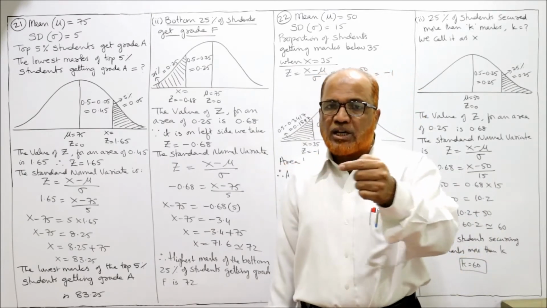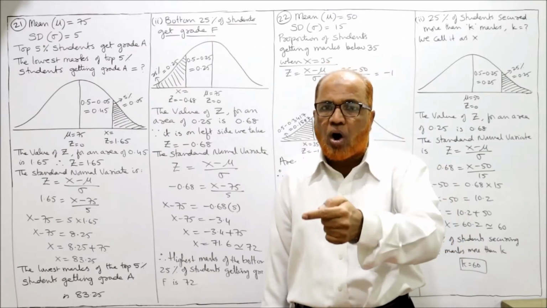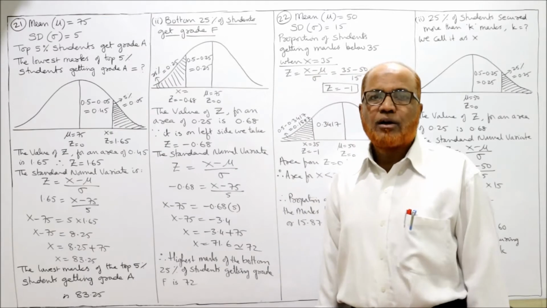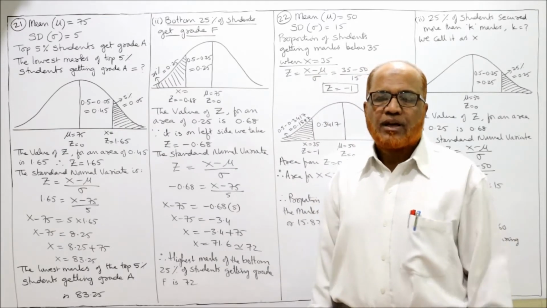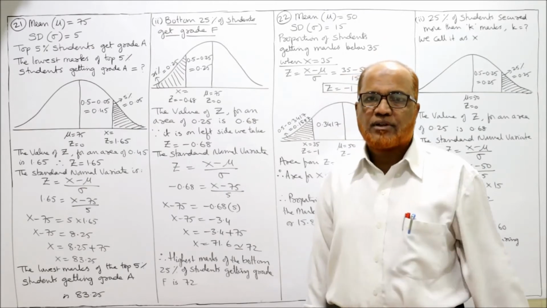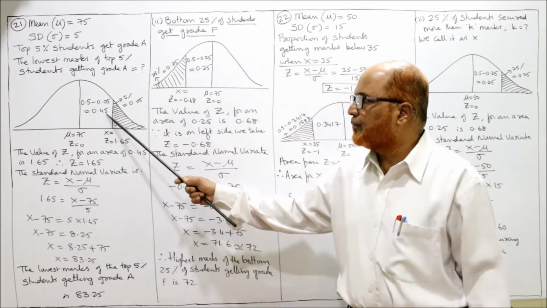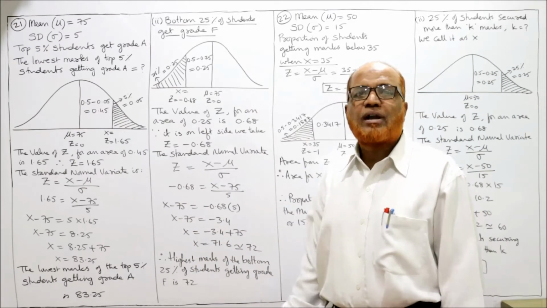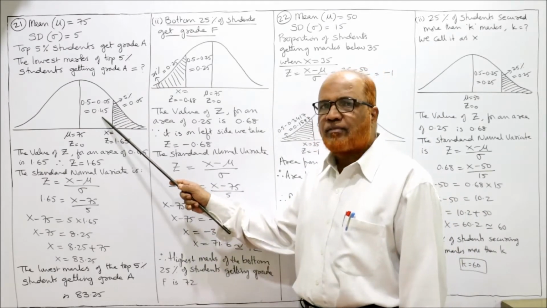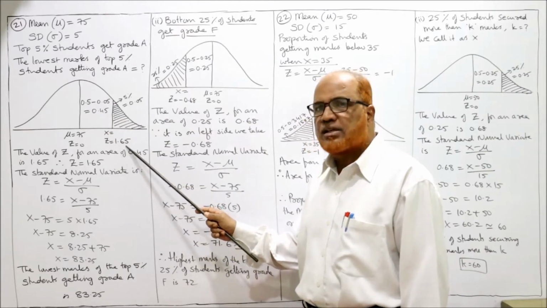If you search for the row and column where 0.4505 is located, you will find it in row 1.6 and column 5. So what is the Z value? 1.65. For an area of 0.45, the value of Z is 1.65.